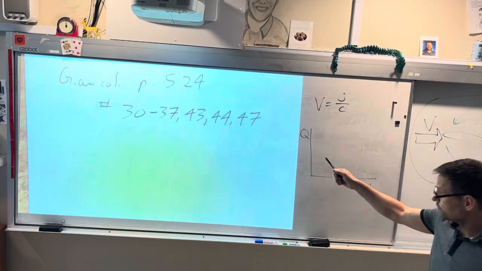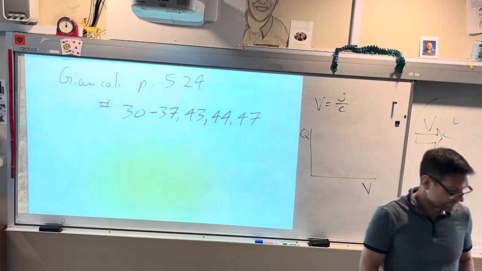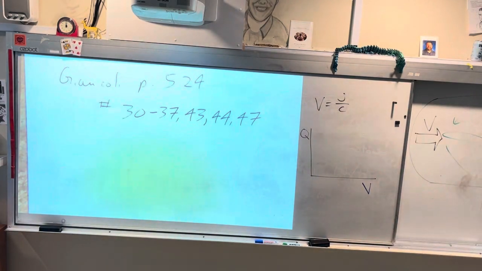But this is good practice for this capacitance stuff. There's a little bit more to it, but we could probably stop there because it's going to be too much work.